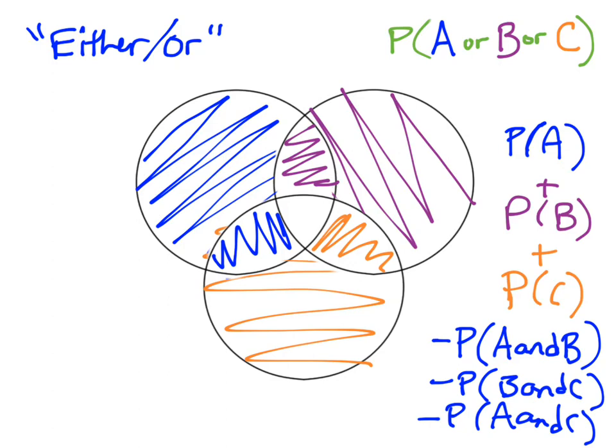So I need to add that probability back in to make sure that I do count it. So I've got all of this stuff, 3 probabilities added, 3 subtracted, and then I want to add back in the probability of A and B and C. Okay?